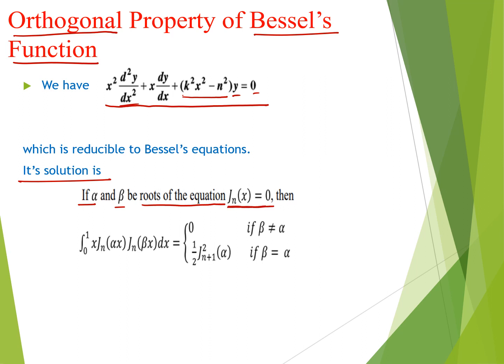That means if we expand the Bessel's function and put that polynomial equal to 0, then alpha and beta are the roots of the Bessel's function.